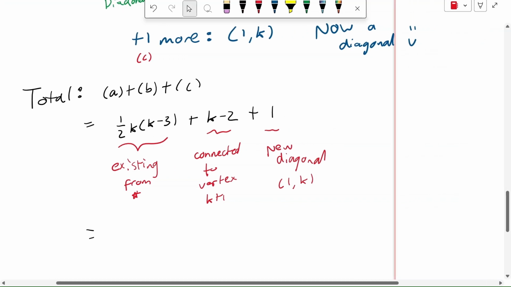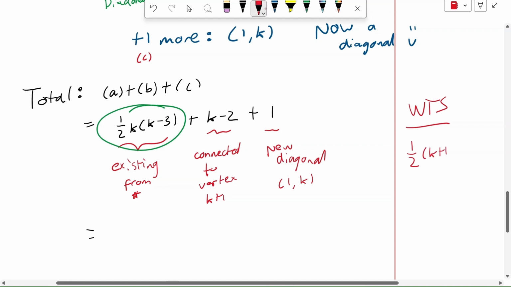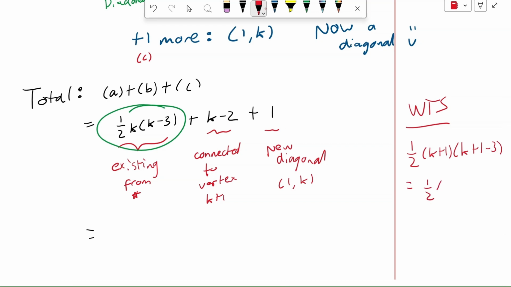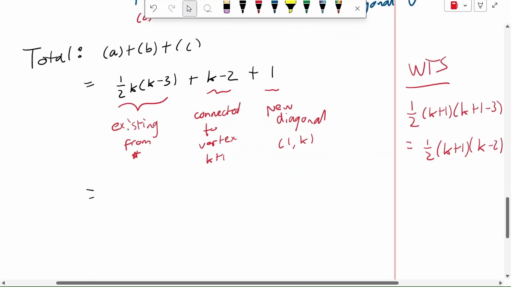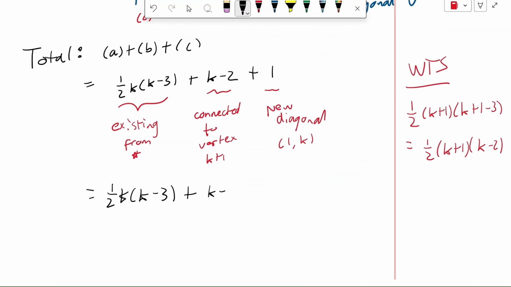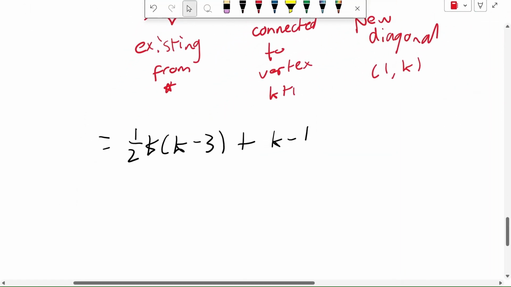Now, let's think about what the want to show should look like. The original statement looks like half k(k-3), so our want to show should be half (k+1)(k+1-3). If you simplify that down, it's half (k+1)(k-2). Now let's do some algebra and see if we can get our left-hand side to look like this. I'll rewrite the same thing out again, collecting like terms on the end.